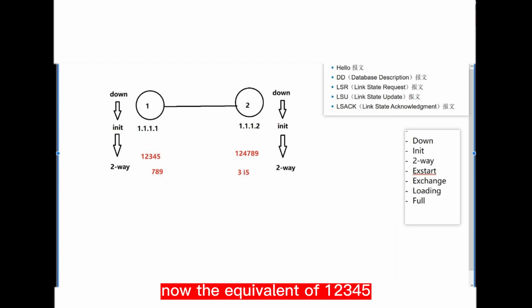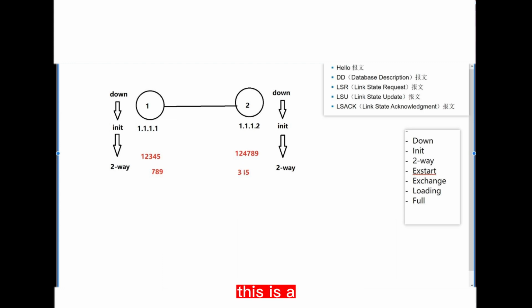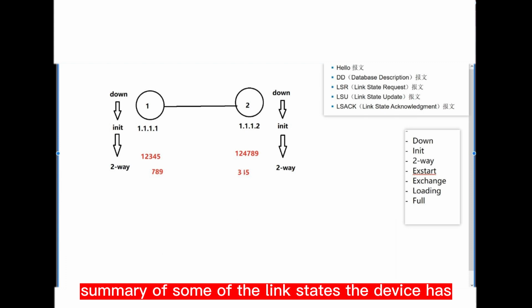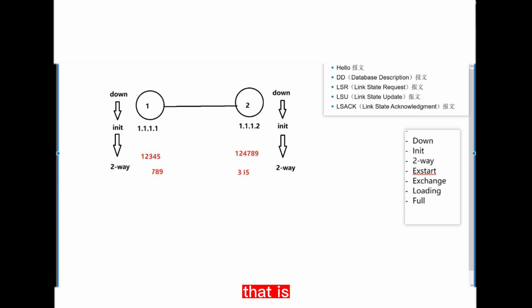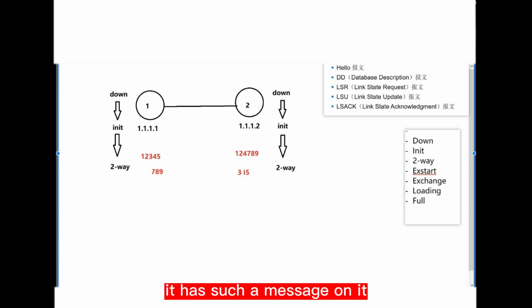Now the 1 2 3 4 5 and 1 2 4 7 8 9 are like a menu. This is a summary of some of the link states the device has. That is, R1 now tells R2 it has such a message on it. But R1 only sends one directory to R2, which is equivalent to sending the specific destination network segment to R2.